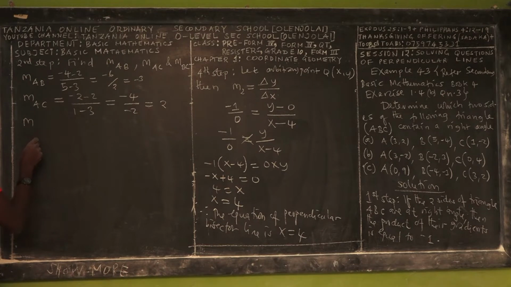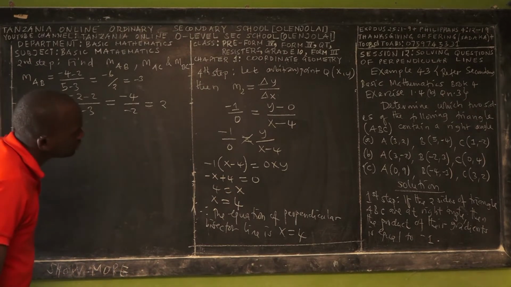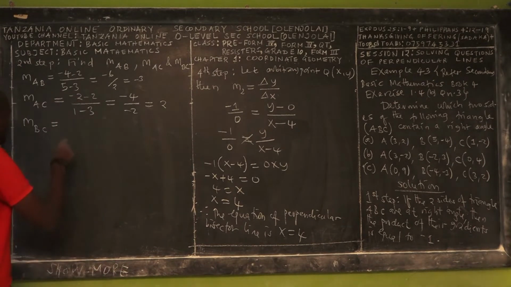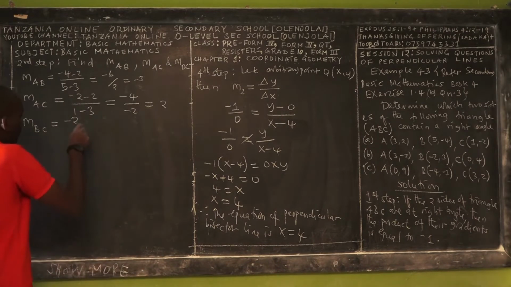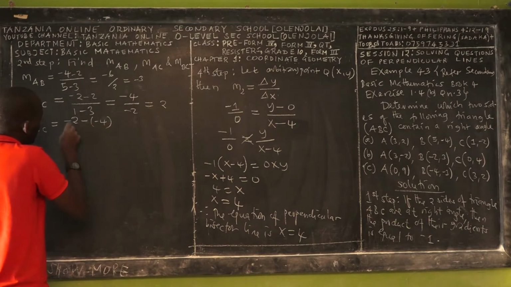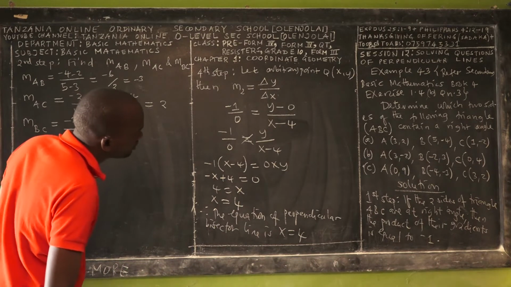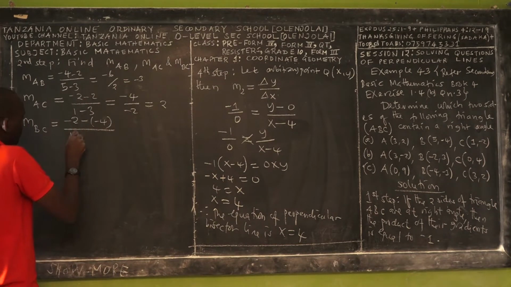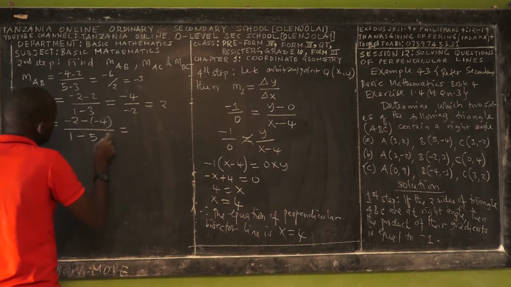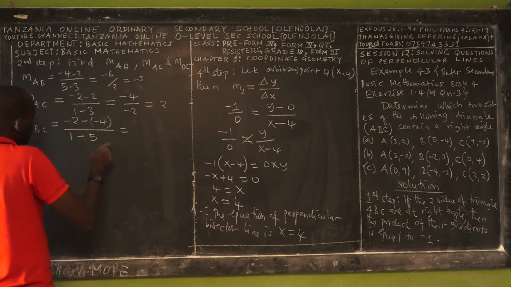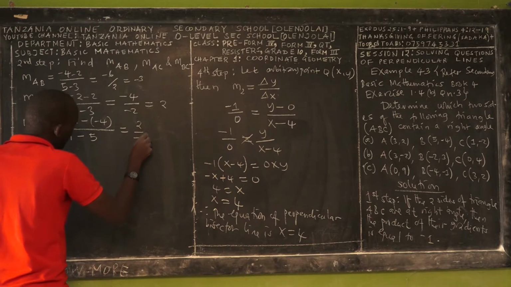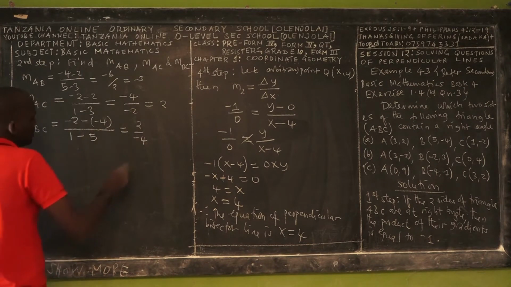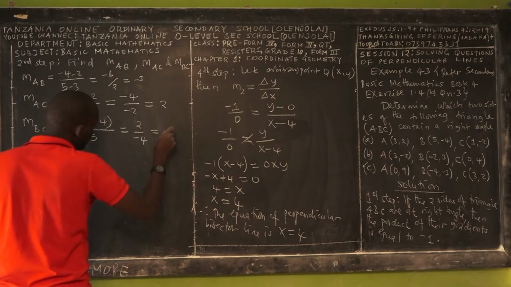The gradient of the line BC is -2 minus -4 over 1 minus 5, which is -2 plus 4, equal to 2 over -4, so the answer is -1/2.